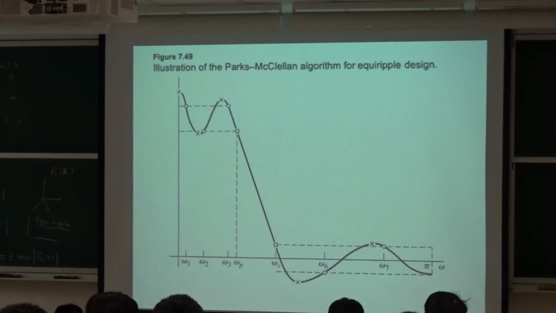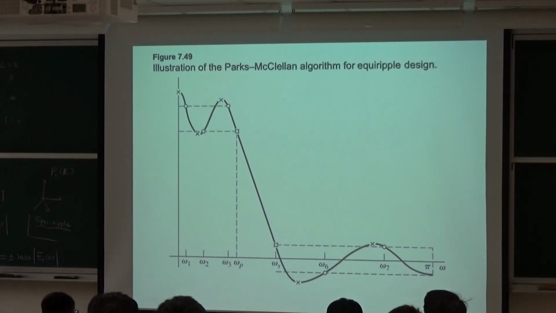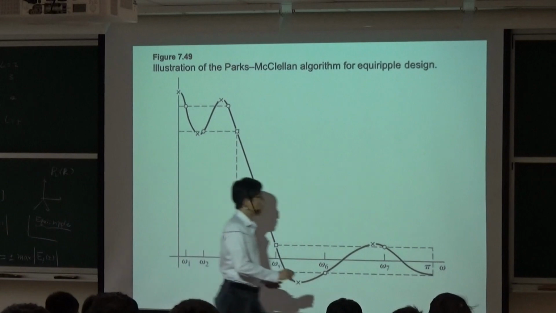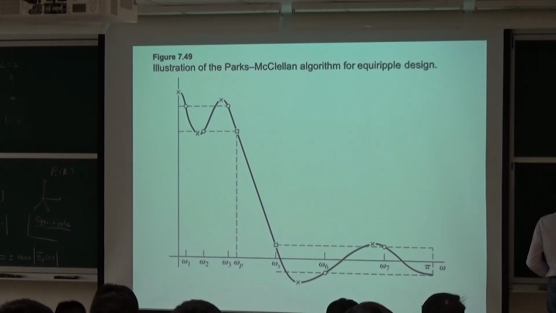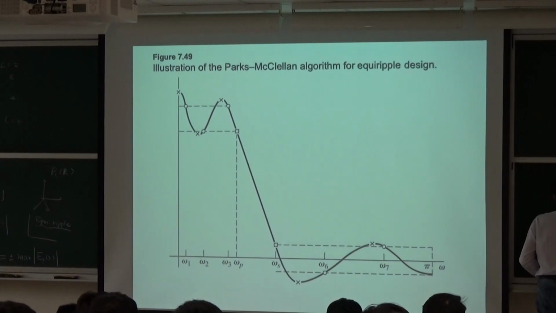So anyway, based on the guess of alternation frequencies, you can find a polynomial. For a 5th-order polynomial, we have 7 equations. Let me just write it down. Suppose that we guess omega 1, omega 2, all the way to omega 7.